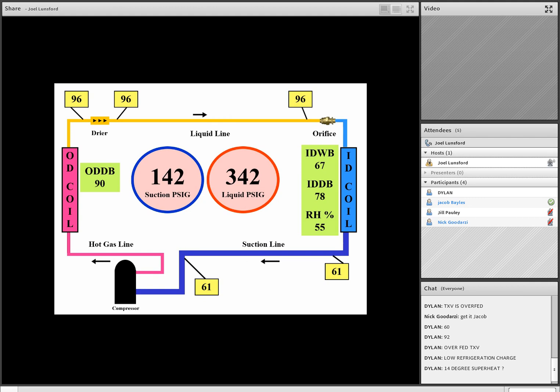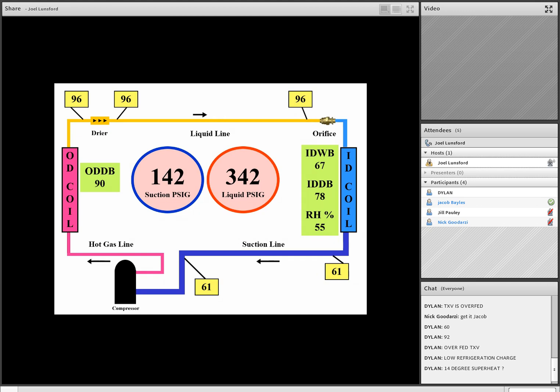So what's your diagnosis on this one? Superheat looks about normal. Subcooling's about normal. Suction pressure is slightly elevated, but within normal ranges. It's 90 degrees outside after all, and about 342 pounds of liquid pressure.